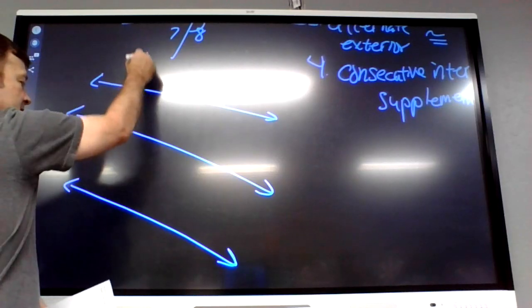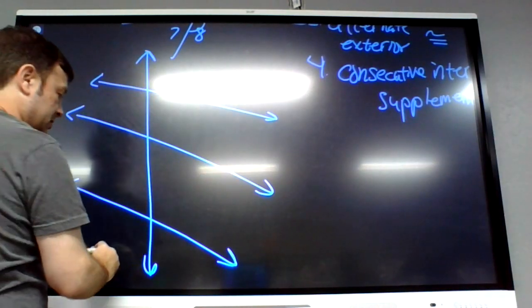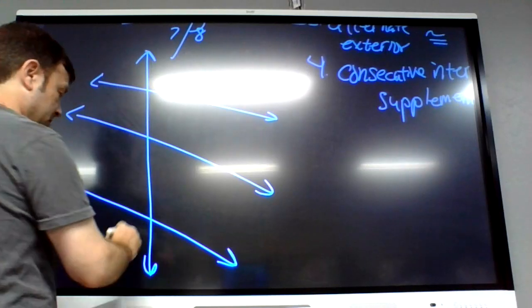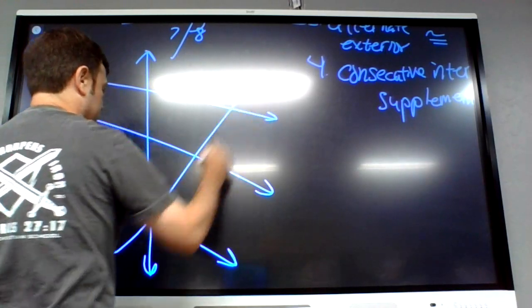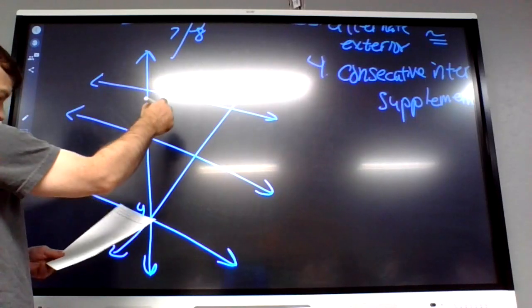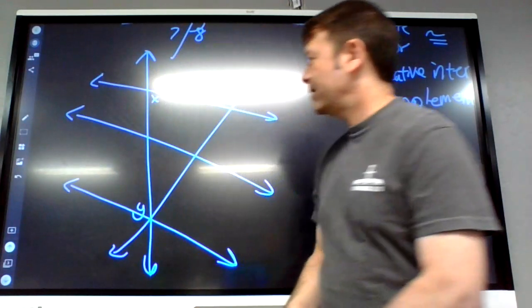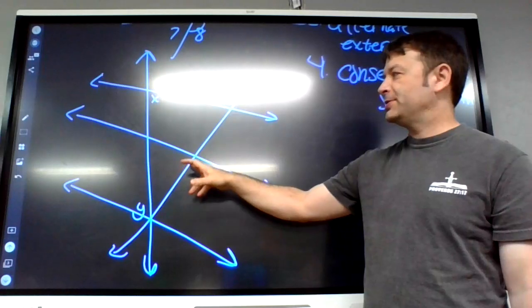That line's not really needed. And this line is not really needed. There and there. Okay, can you guys tell what it is even with all those lines in there?